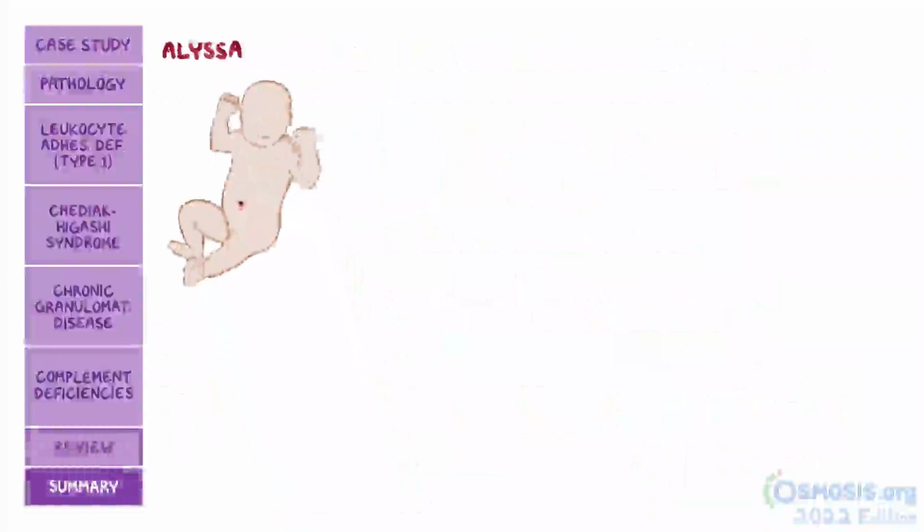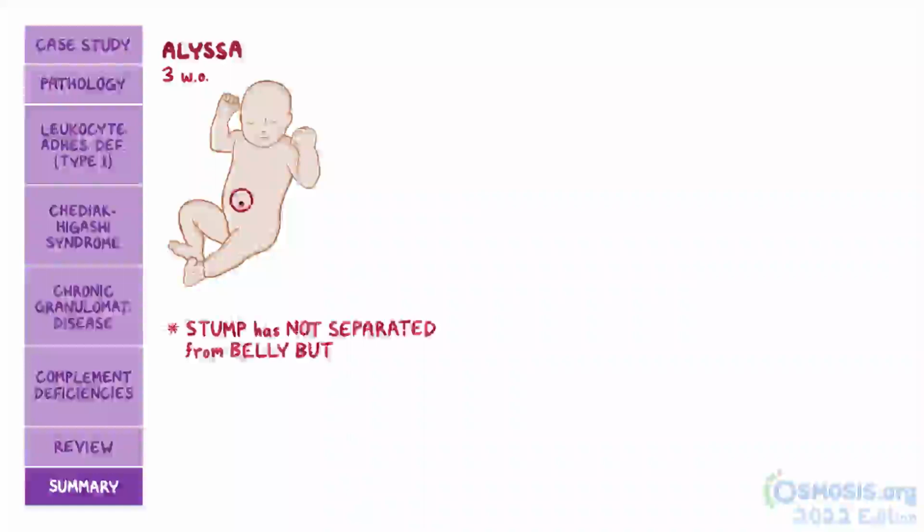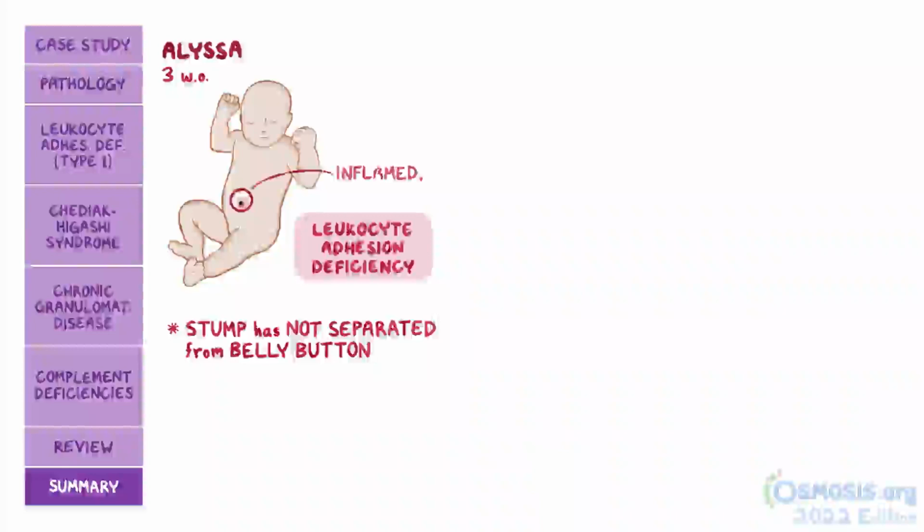Okay, back to our cases. Alyssa is a 3-week-old newborn girl that's taken to the clinic because her umbilical cord stump still hasn't separated from her belly button. This already should make you think of leukocyte adhesion deficiency. Another very important fact here is that her stump is inflamed, but there's no pus, which would indicate that there are no neutrophils fighting the infection.